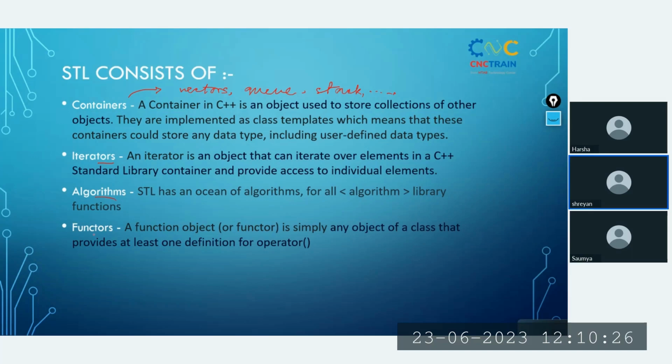And a functor is just a function object, simply an object of a class that provides at least one definition for operator. In this webinar, we are not going to go into detail on functors because it takes a lot of time to understand them, and it sometimes gets complex.